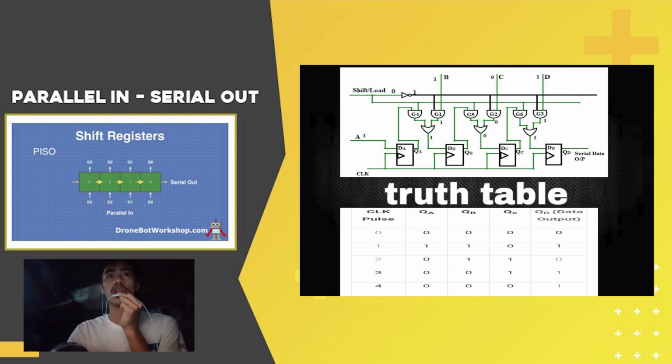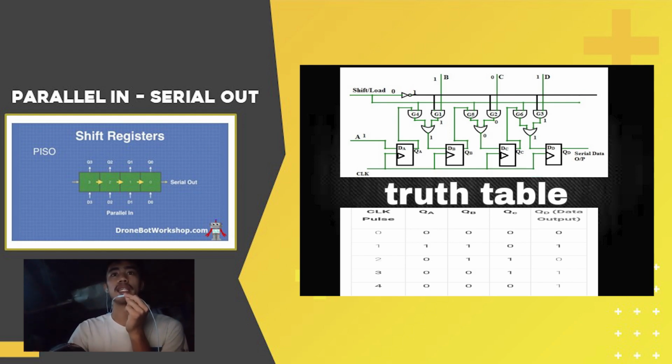The OR gate is connected to the second, third, and fourth flip-flops' inputs like DB, DC, and DD. All the flip-flops are connected to a single clock pulse, and the flip-flops' outputs will be in the serial data output.